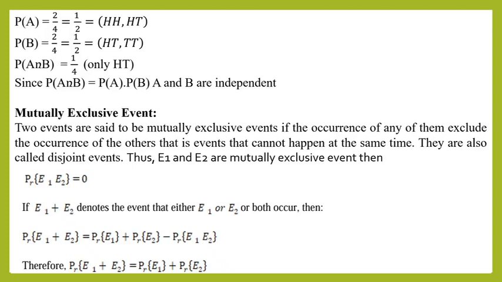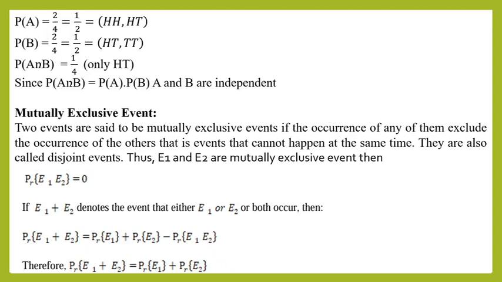Then another one is the mutually exclusive events. Two events are said to be mutually exclusive if the occurrence of any of them excludes the occurrence of the others. That is, events that cannot happen at the same time. They are also called disjoint events. Thus, if E1 and E2 are mutually exclusive events, then the probability of E1 E2 equals 0.